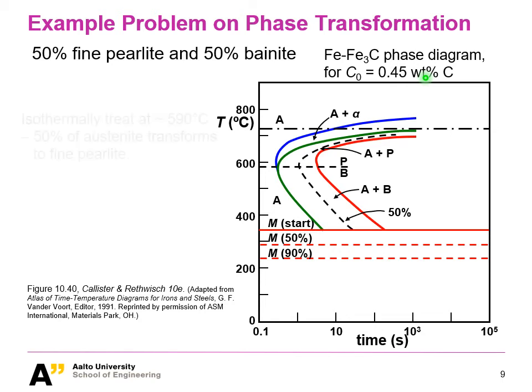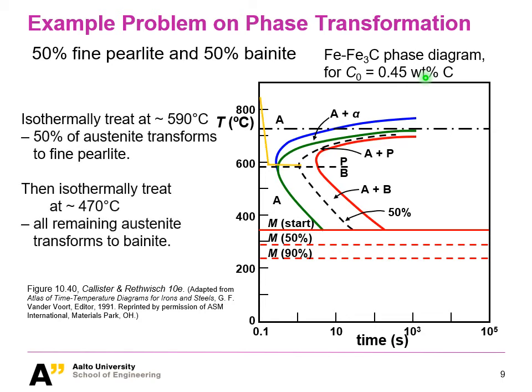I will show you such a temperature and timeline and explain why we end up with 50% fine pearlite plus 50% bainite.